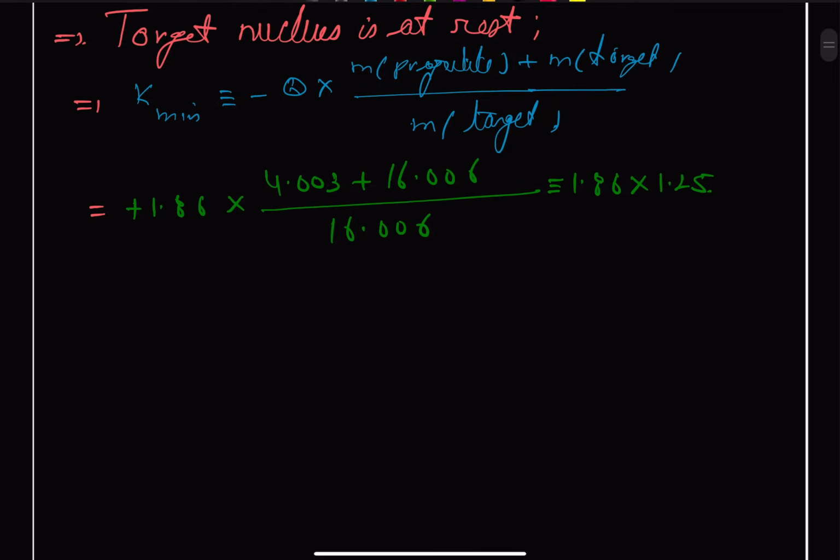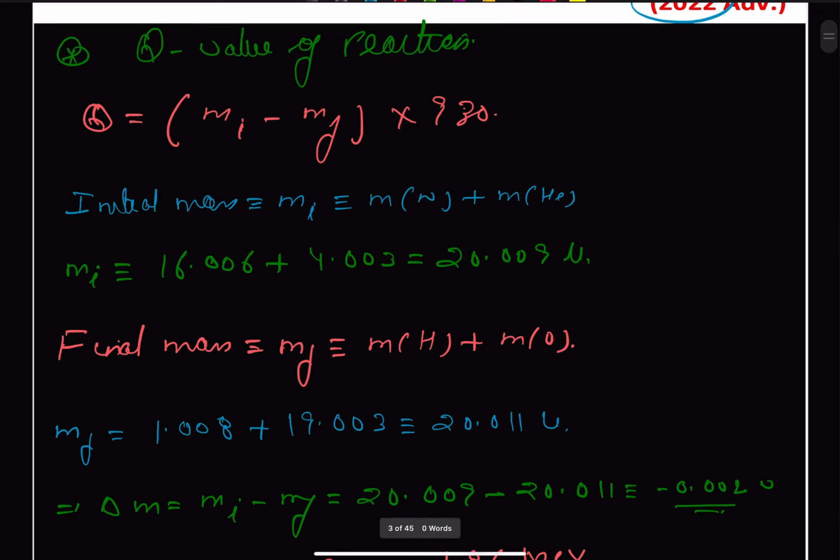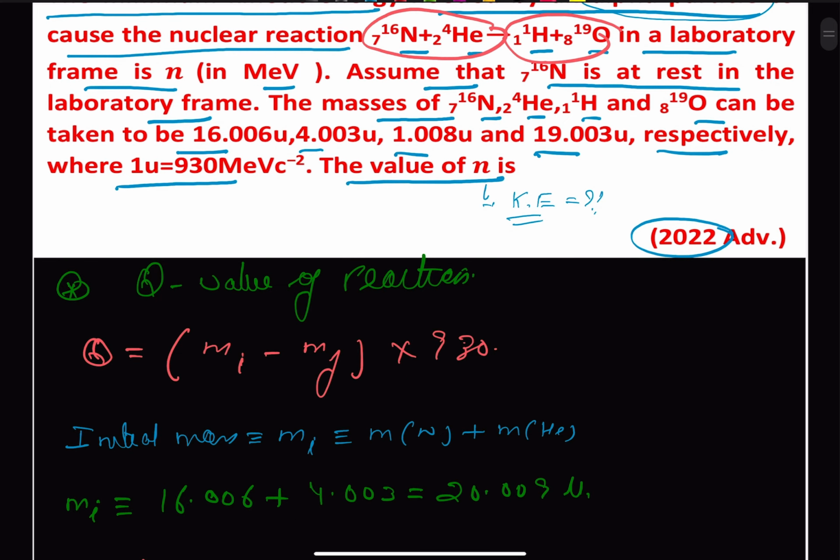So therefore we can write our K minimum will be equal to 2.33 mega electron volt, which is nothing but value of our n.